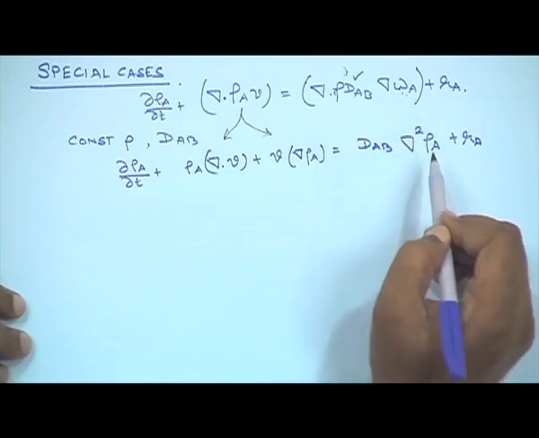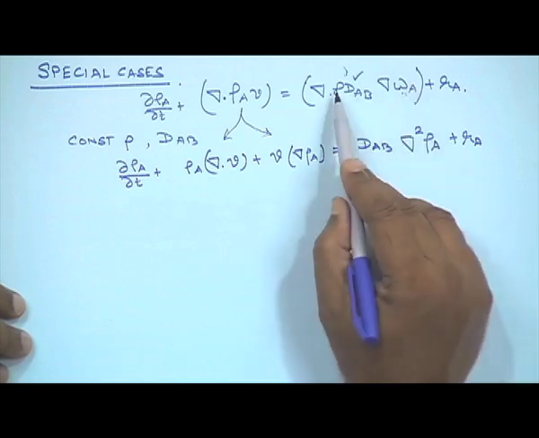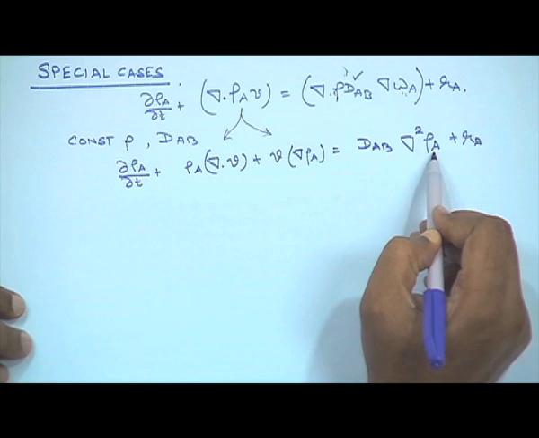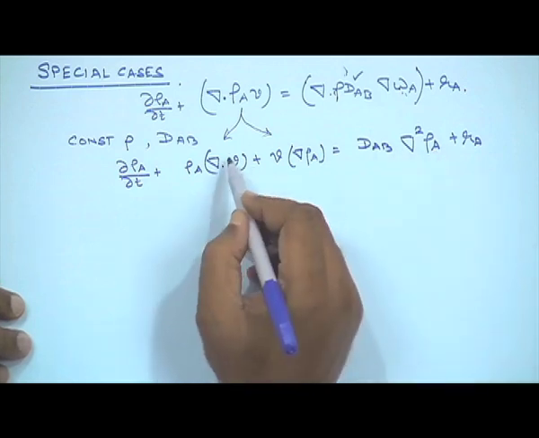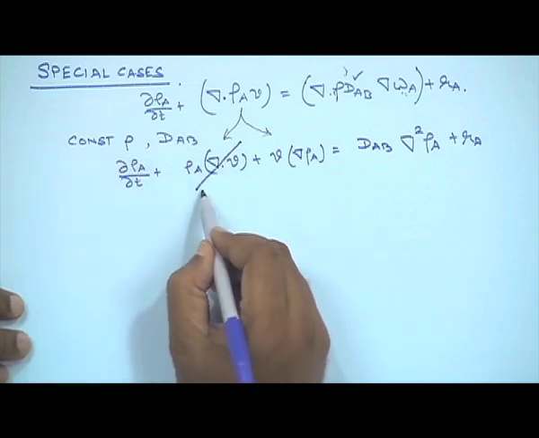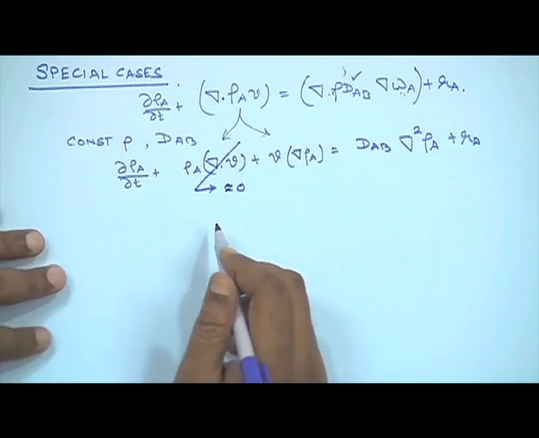Mass fraction multiplied by the total density would simply be equal to the mass density of component A. And we know that for a constant rho system, del dot V is equal to 0 from our equation of continuity.